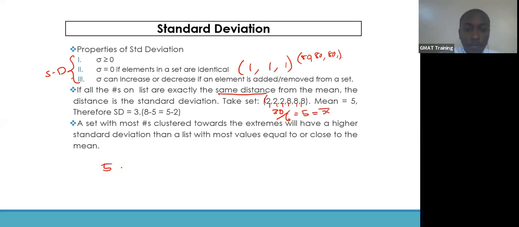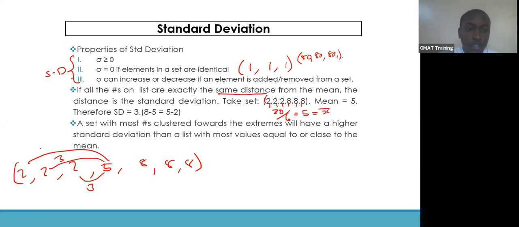If you have 5, 8, 8, 8, then 2, 2, 2. Note that the distance of 2 from 5, that's 3. Same applies to all 2's in the list. And the distance of 5 or 8 from 5, that's 3. Again, same applies to all elements in the list.